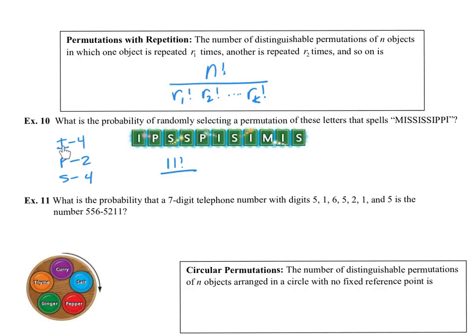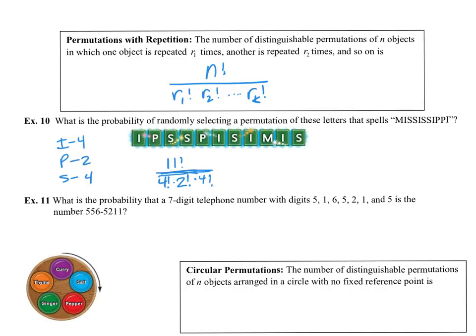Remember, the number of distinguishable permutations of n objects in which one object is repeated is n factorial over the repeat counts. So in the denominator we put 4 factorial, then multiply by 2 factorial because the letter P occurs 2 times, and then times another 4 factorial because we have another letter S that occurs 4 times.